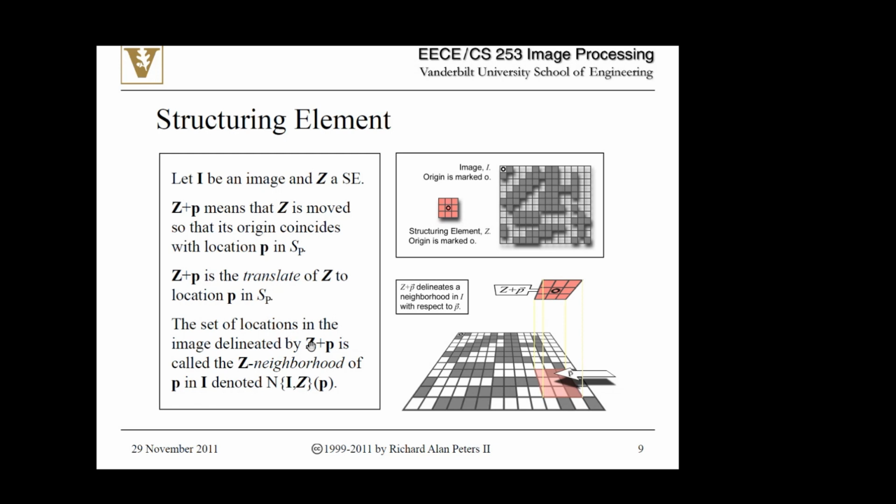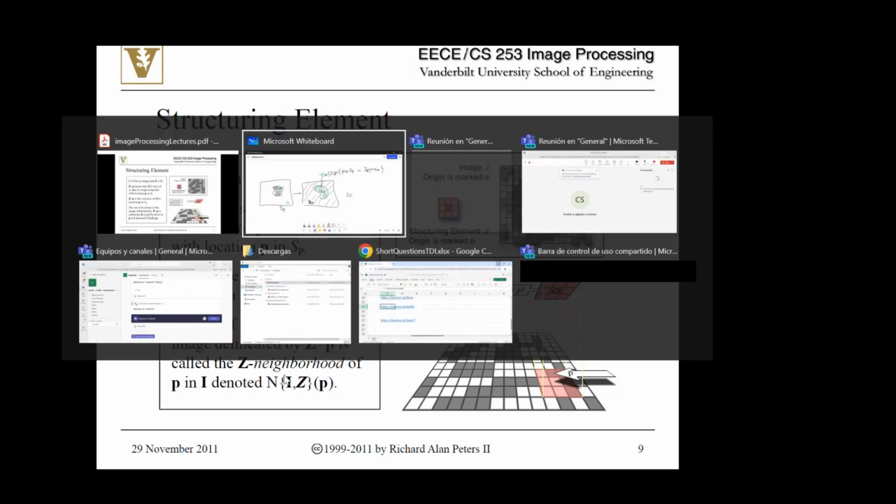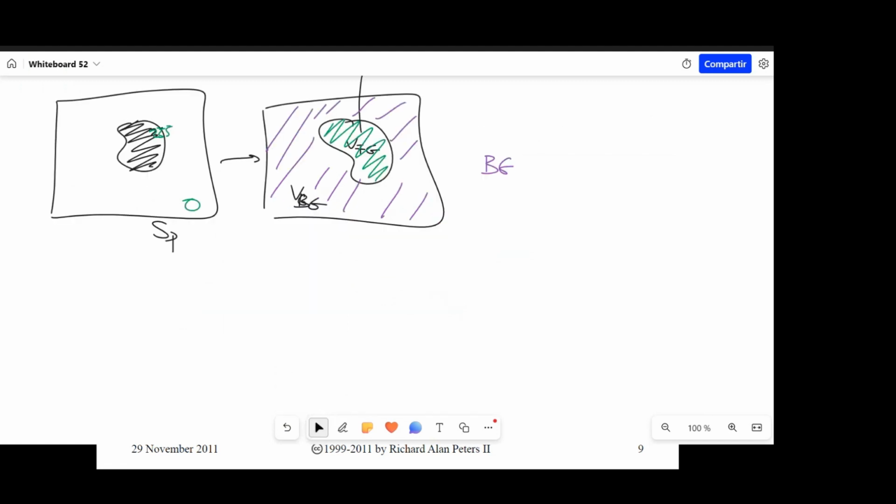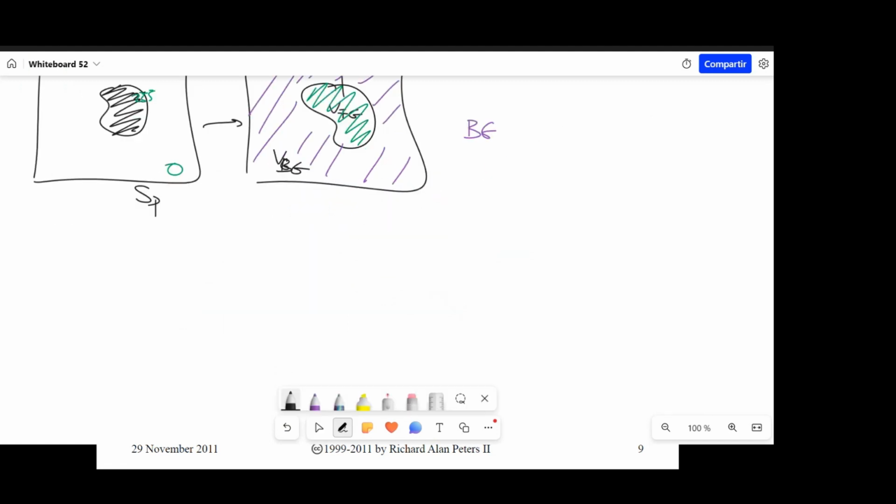So this set plus P is another set, and it is also called the set neighborhood of P. Define it as a set. Let's say this is the point P, this is a location.